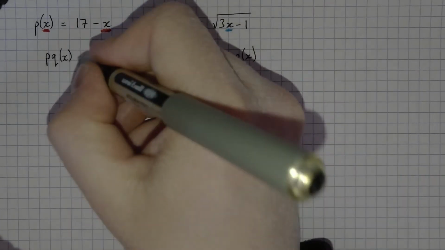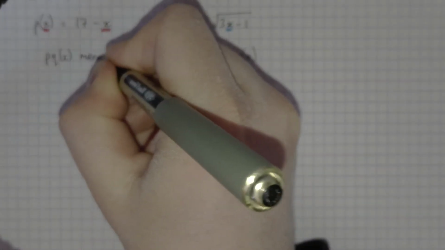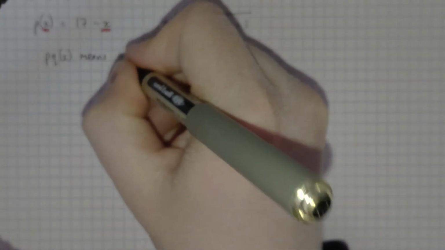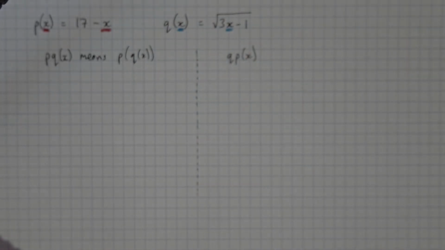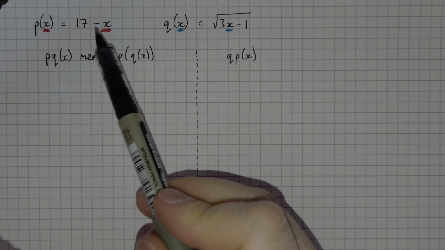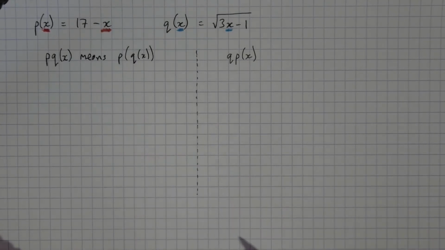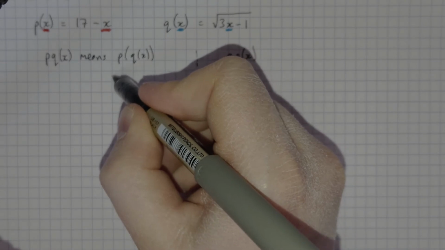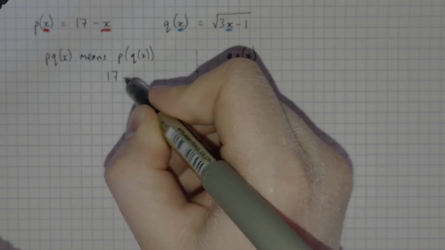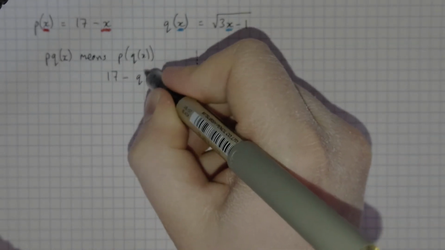Okay, pq of x. Well, pq of x means do p to whatever q of x is. That's what we've got to do. Now, doing p involves taking the input away from 17. So when I do p, that's going to give me 17 take away the q of x.